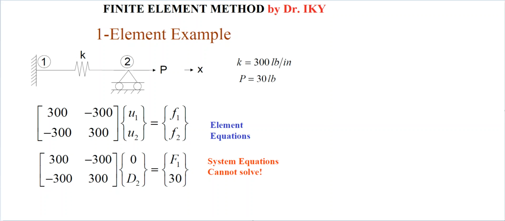We can say something like that, and we can also show it like this, maybe here. We have a one element, yes, and we also have a force applied from here, P force, and that is connected to the wall.